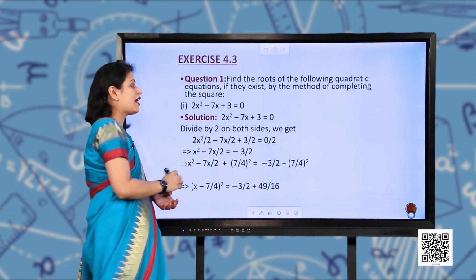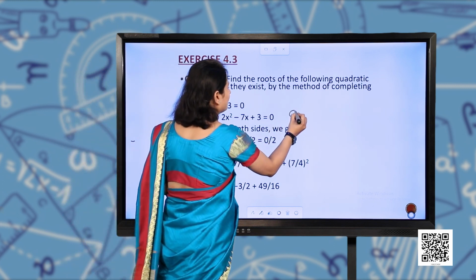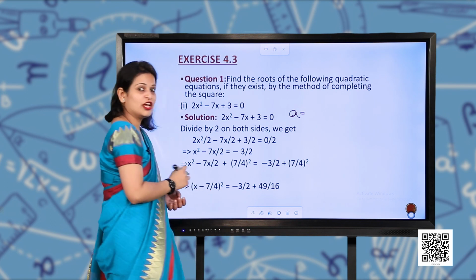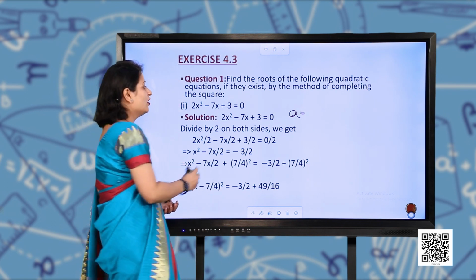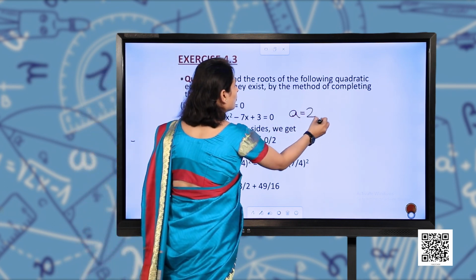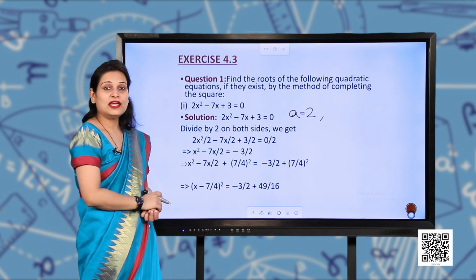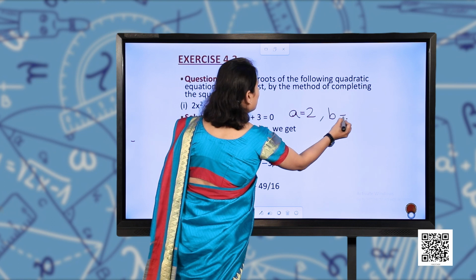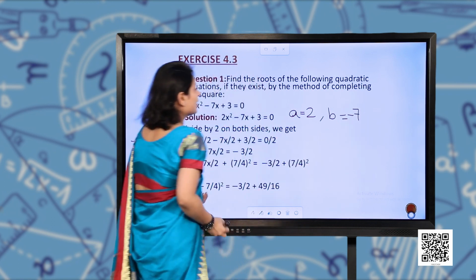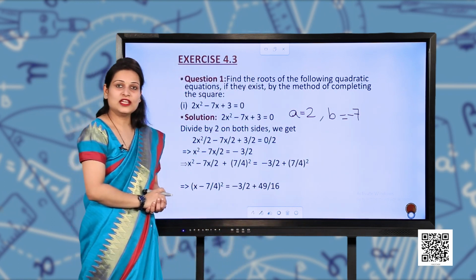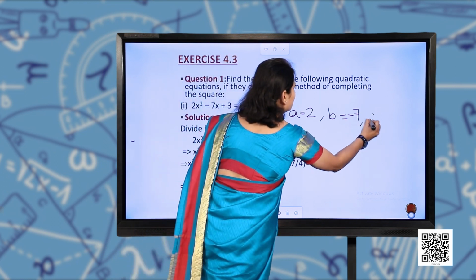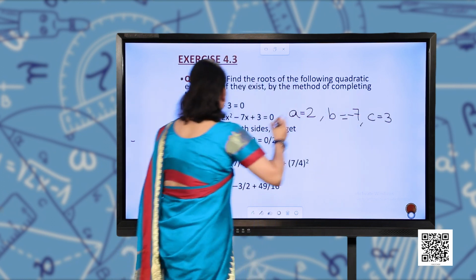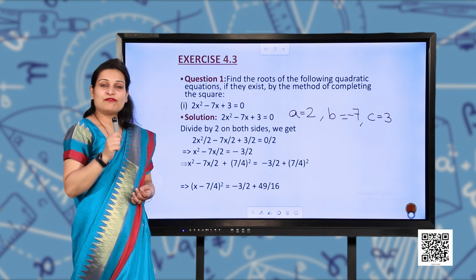Now, what is the value of a here? A is the coefficient of x square. So, a is 2. What is b? b is the coefficient of x, which is minus 7. And what is the value of c? c is 3.